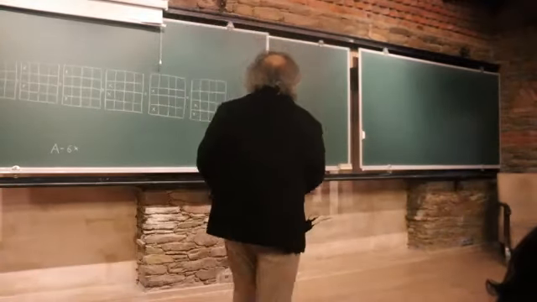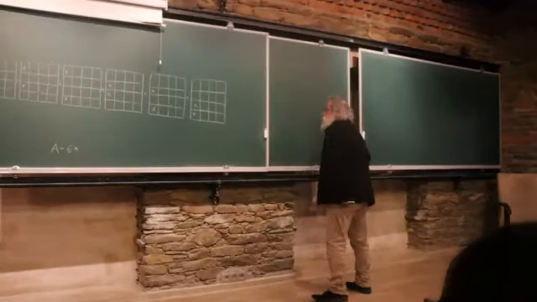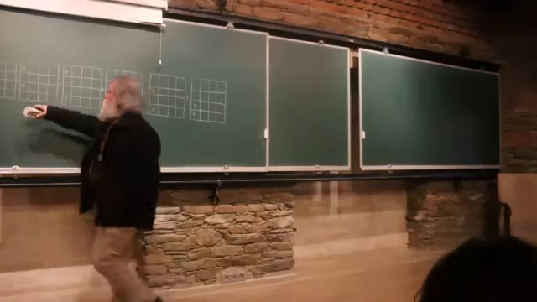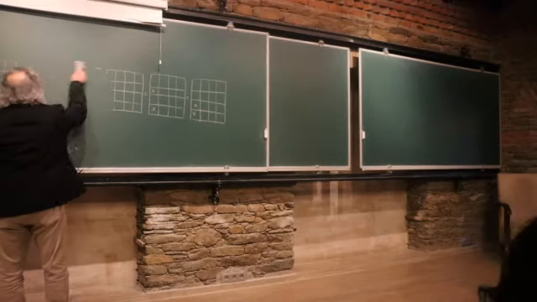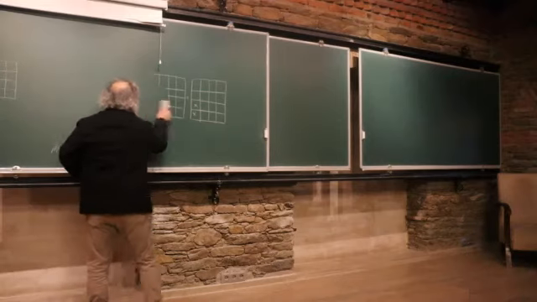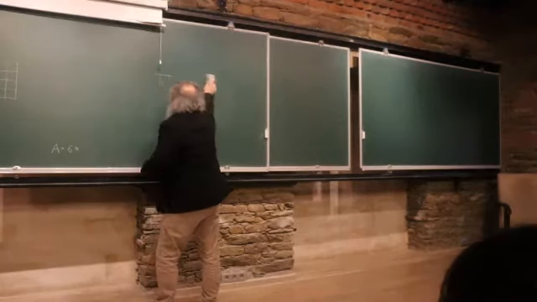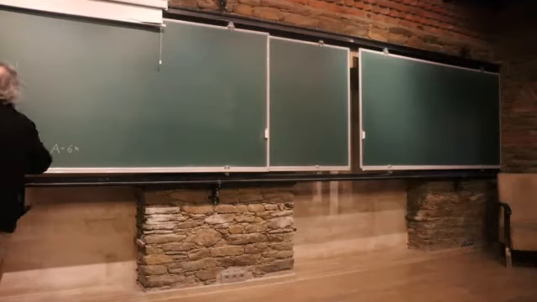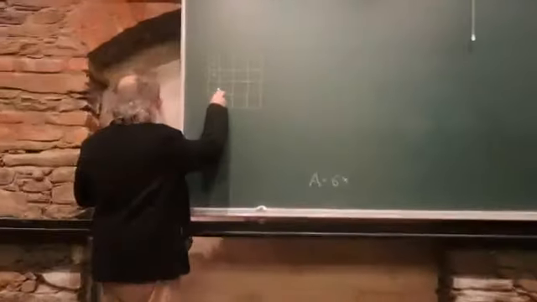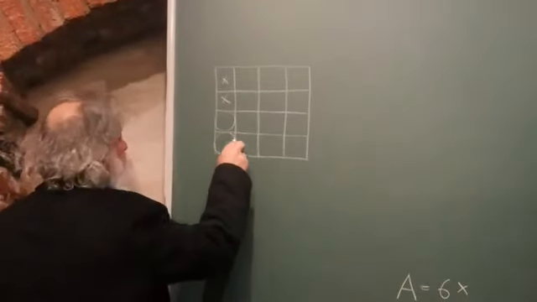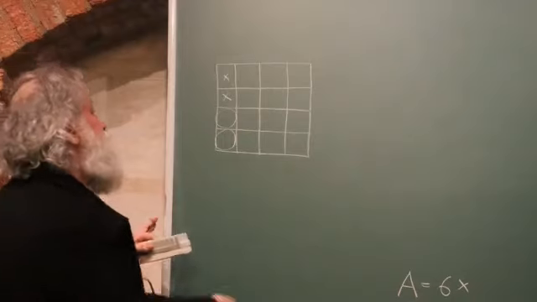Now, so therefore, I can erase the 5 others. I can leave only this one. The answer is 6 times the number of ways we can color this. Of course, this is now white. This is white also. Okay. Now let us look at the first row.